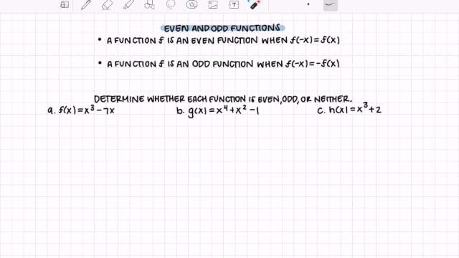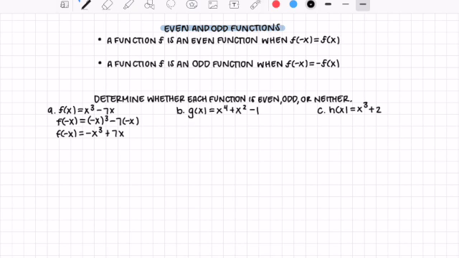So let's test it out. Determine whether the functions here are even, odd, or neither. We have f of x equals x to the power of 3 minus 7x. I'm going to substitute negative x for x and see what happens. If I substitute all my x values with negative x, my new function is negative x to the power of 3 plus 7x.